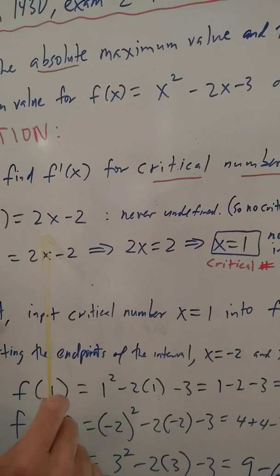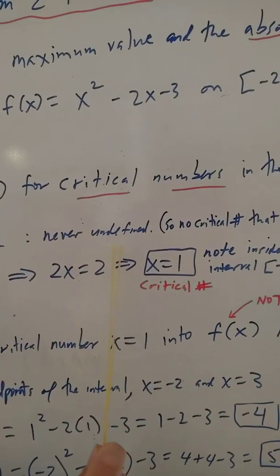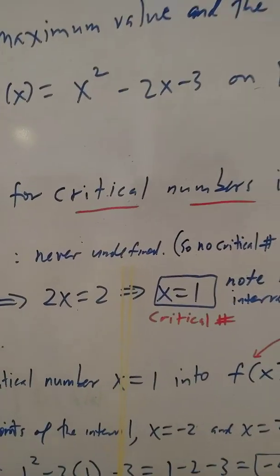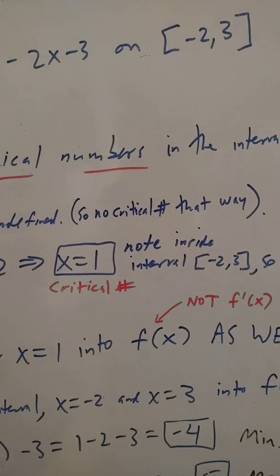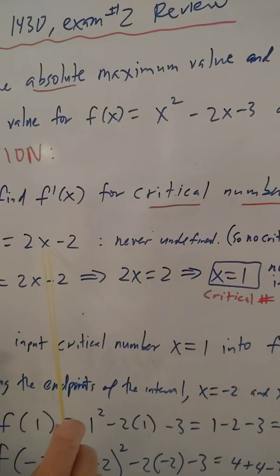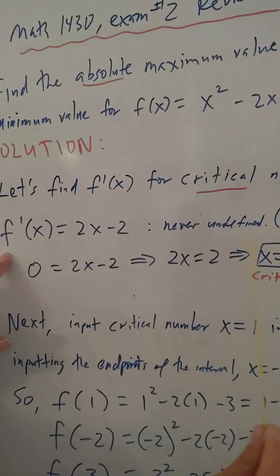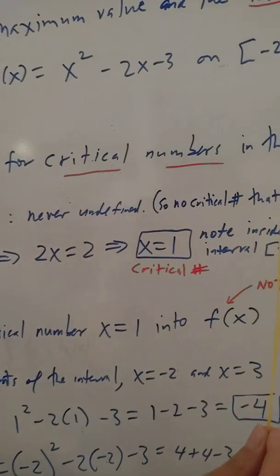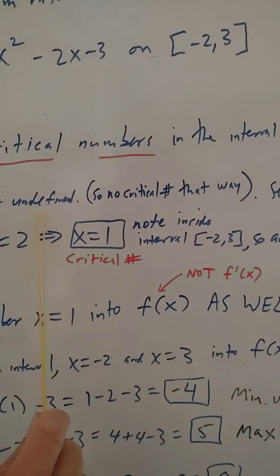But because this is just a polynomial, it's never undefined. I can input any value of x; the domain is all real numbers. So there are no critical numbers from where the derivative is undefined.